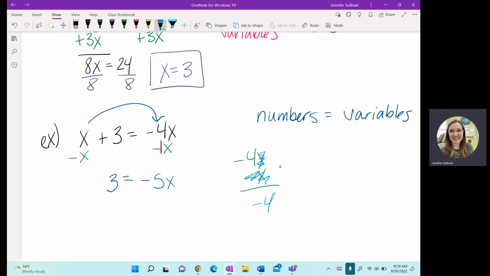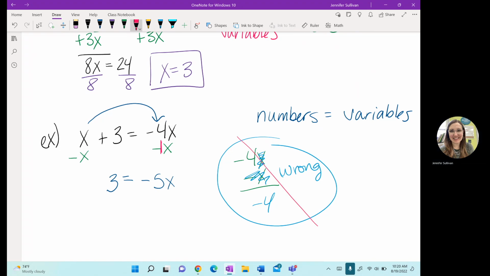And that is wrong. Okay, don't do that. This is wrong. So what we need to do is remember that a number in front of a variable, if I don't see it, that number is 1. The coefficient is 1. And so then we combine the coefficients.